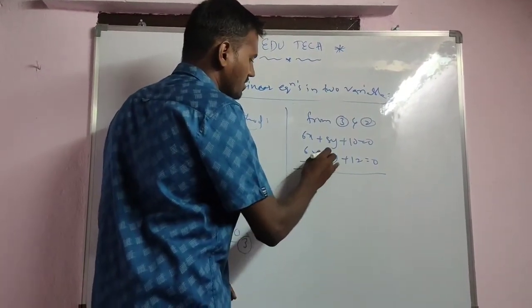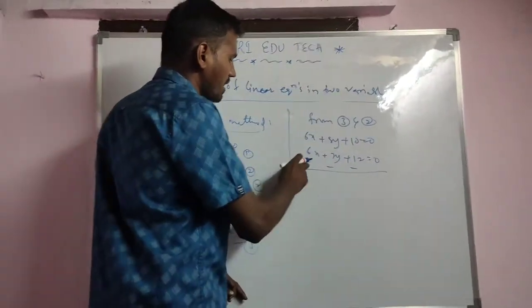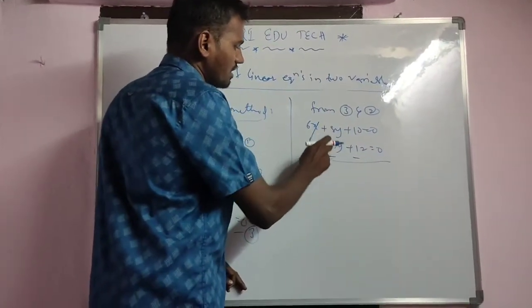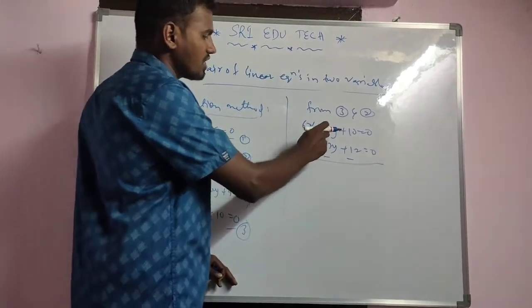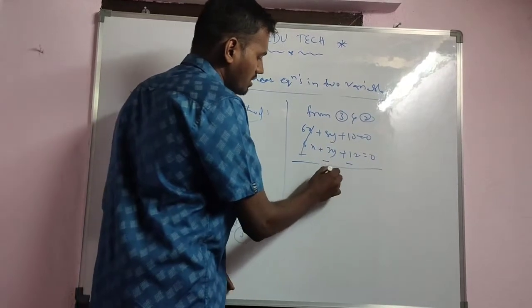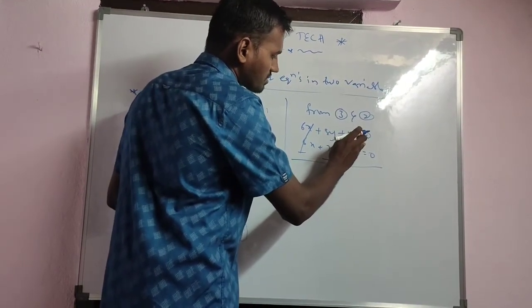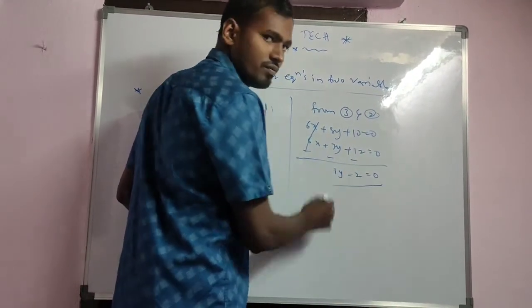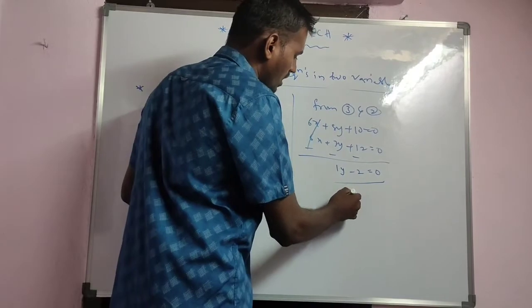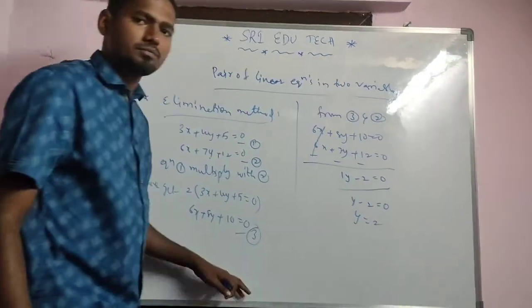Here plus means minus, here plus means minus, here plus means minus. Then 6x minus 6x gets cancelled. Here we have to consider this second symbol only, not the first symbol. So 8y minus 7y is 1y. Then 10 minus 12 is minus 2 is equal to 0. Then y minus 2 is equal to 0, then y is equal to plus 2.